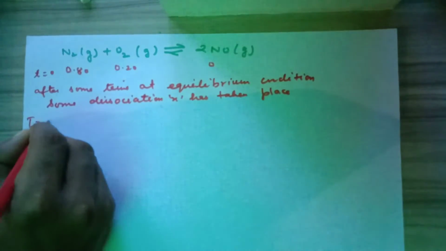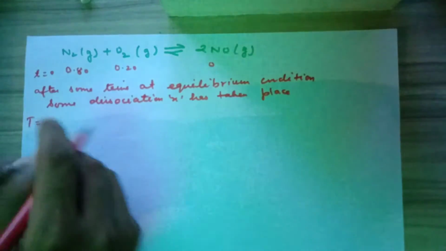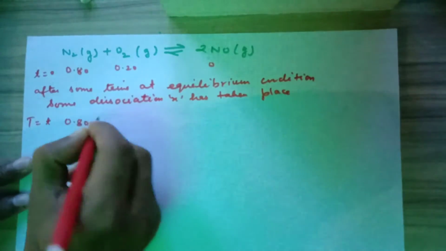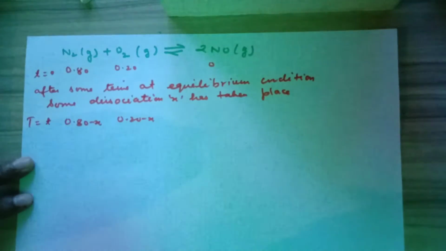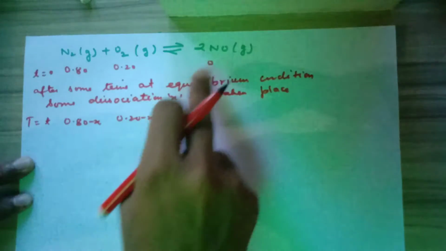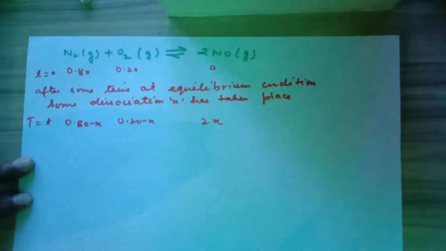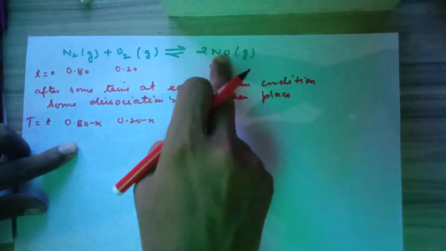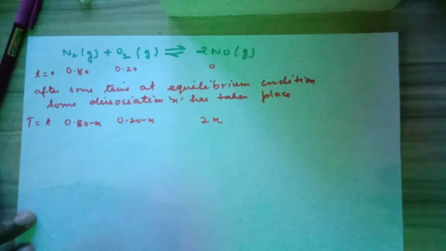Now at time t equal to t, if X amount is dissociated, it will be 0.80 minus X, and that will be 0.20 minus X. If X mole of each is dissociated, the total mole obtained of NO will be 2X. Simply, X mole is dissociated over here and X mole over here, so in total it is 2NO, so it will be 2X mole. Now this is the initial concentration.